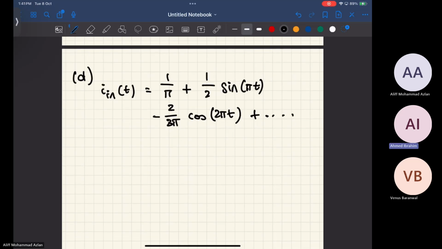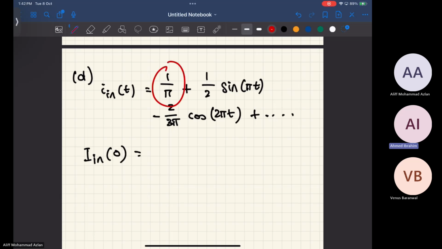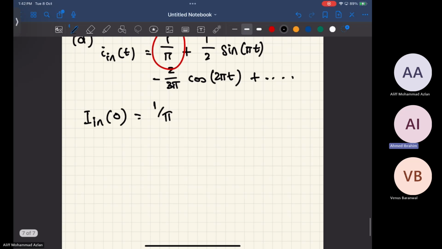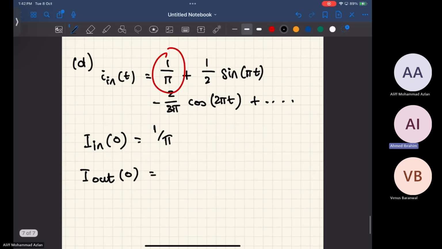So in this case, we want to calculate I out. We know that I in at omega equals 0, which is the DC component, is just the DC value here, which is 1 over pi. And if we want to calculate the DC component of I out, again, that's just using the transfer function.